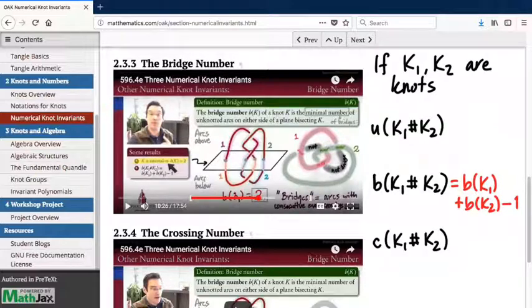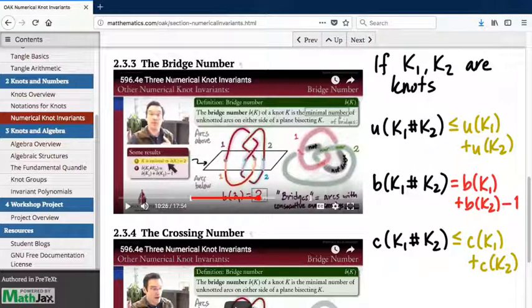Whereas the other two of these invariants, we don't get so lucky. So for the unknotting number of the connected sum, the best we can say is that it's less than or equal to the unknotting number of K1 plus the unknotting number of K2. And similarly, for the crossing number of K1 connected sum K2, less than or equal to.